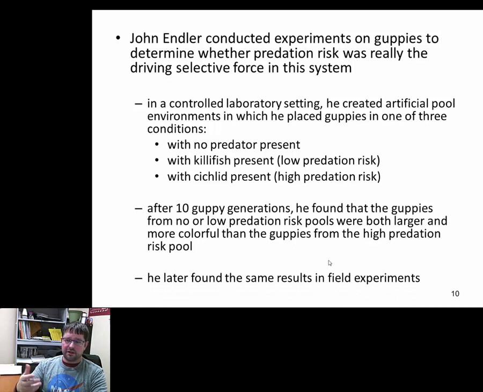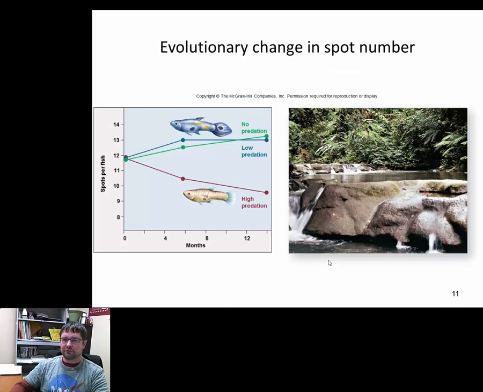So then he redid the experiment. They redid the experiment in Trinidad in the streams by blocking the streams off and pulling all the fish out and redoing it, just to make sure that it wasn't just an artificial example or laboratory situation that was causing these drastic changes, but they see the exact same results in the field. And this is what you see.